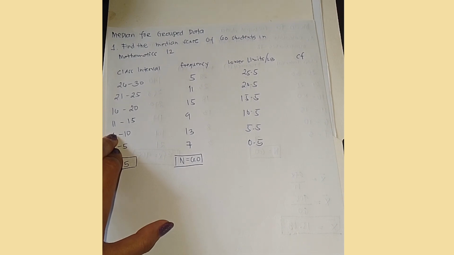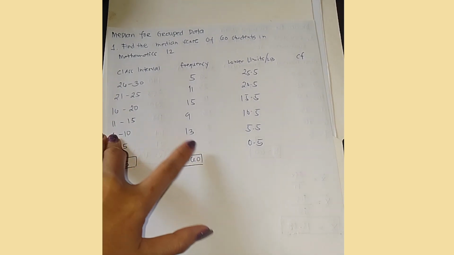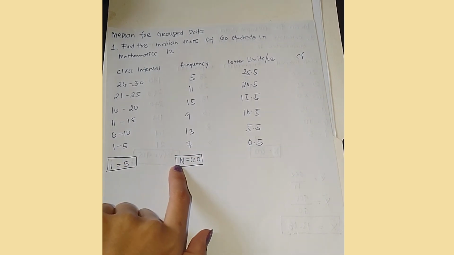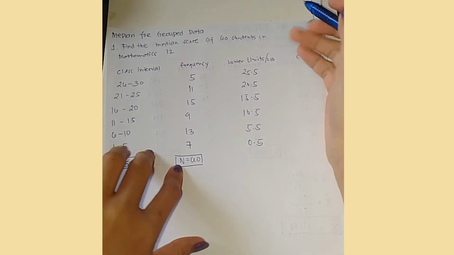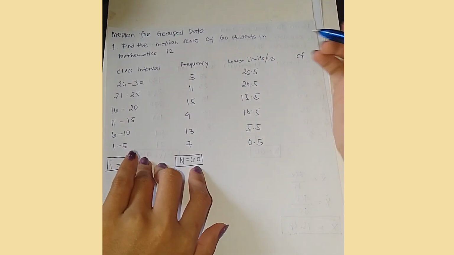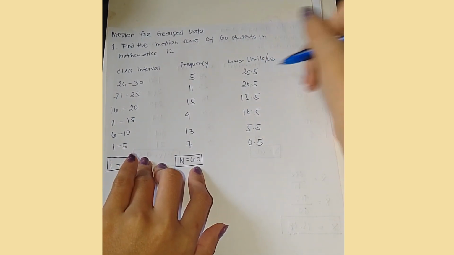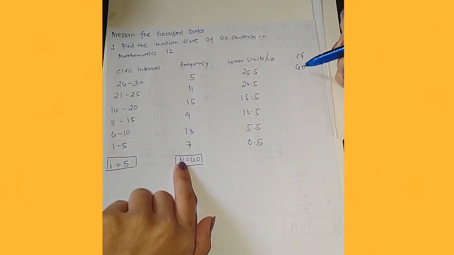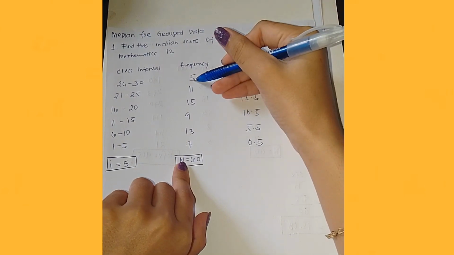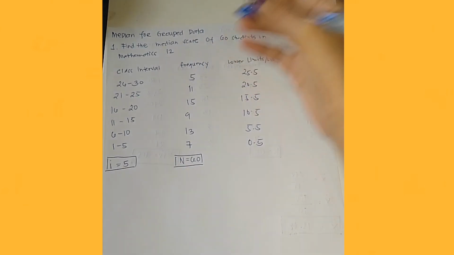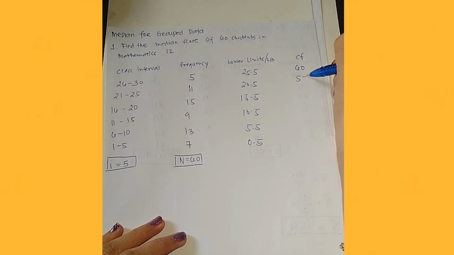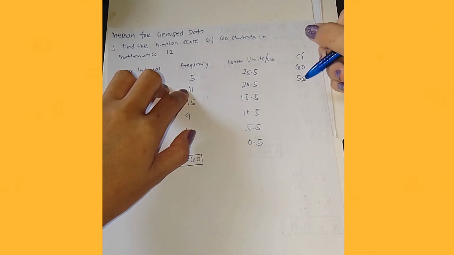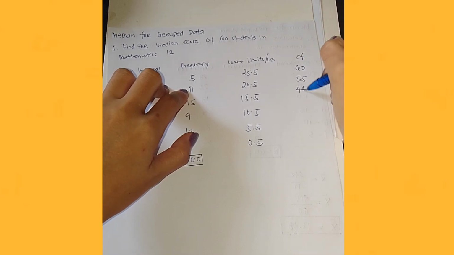In getting the CF, we just need to subtract the frequencies from n, which is equal to 60. So, we put 60 in the first row since the total is 60. So, 60 minus 5 is equal to 55. Then, 55 minus 11 is equal to 44.